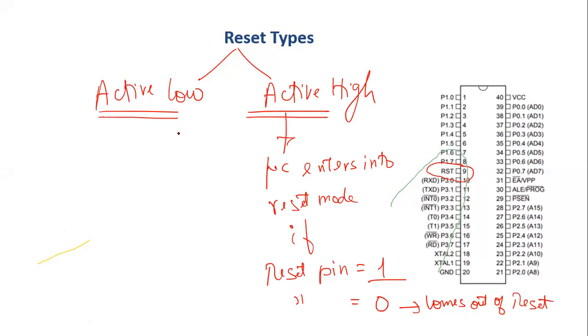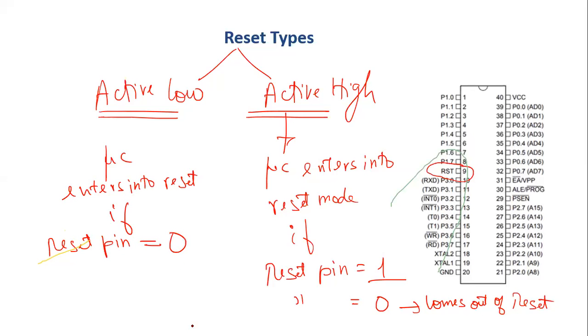For active low reset, it is exactly the opposite. The microcontroller enters into reset if the reset pin is equal to 0. If you ground the reset pin, the microcontroller enters into reset. And if you make the reset pin logic 1, then the microcontroller comes out of reset.